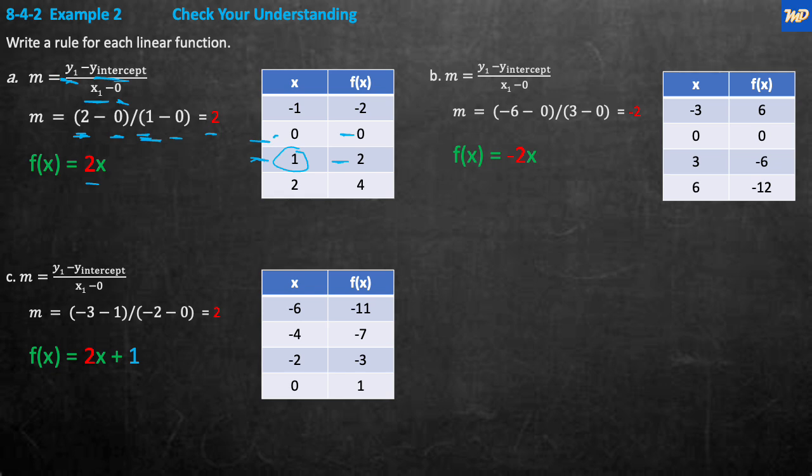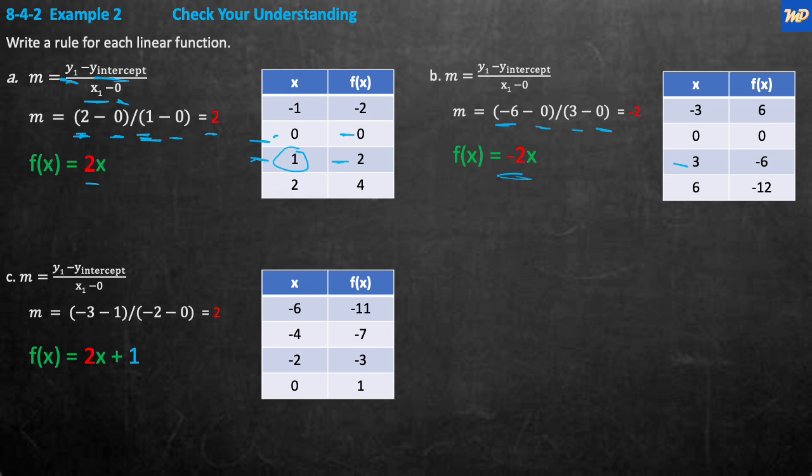We're going to pick the x value 3 and have an f of x value of negative 6. So now the y ending point is negative 6 minus the y starting point, 0, over the x ending point, the 3, minus the x starting point, which was 0. And when you do this, you get negative 6 divided by 3, which is negative 2.